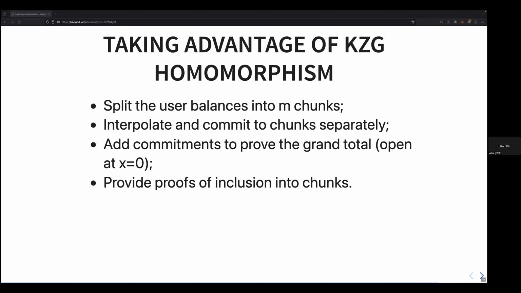So here, users would be able to verify their inclusion into a chunk, and then verify that the resulting commitment of all the chunks, the sum of all the commitments to all the chunks, is indeed this value that is committed by the prover, by the custodian, and then verify the grand total opening against the resulting commitment, that is the sum of commitments of the chunks.